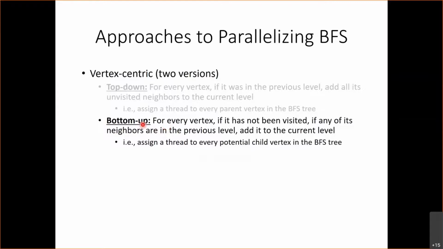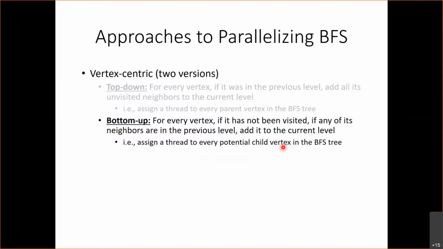And the reason we call this bottom-up is that you can think of the threads as being assigned to every potential child vertex in the BFS tree, looking towards the vertex's parents to find out if any of the vertex's parents were in the previous level.